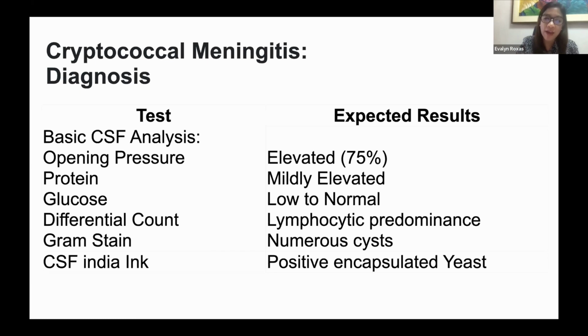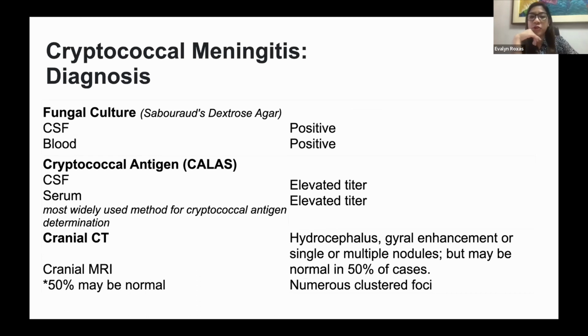We have an elevated opening pressure, and you can see on Gram stain the presence of yeast, since Cryptococcus is a yeast, and on India ink, this is a more common test usually done to rule out cryptococcal meningitis. India ink will show a positive encapsulated yeast. So other laboratory tests that you can request are CALAS, cryptococcal antigen latex agglutination test.